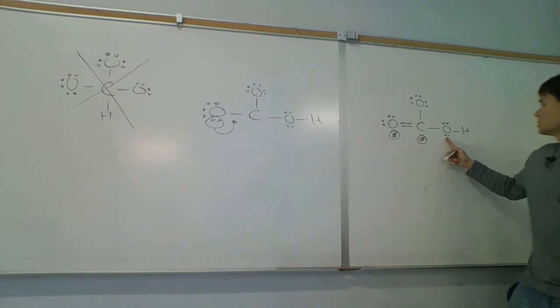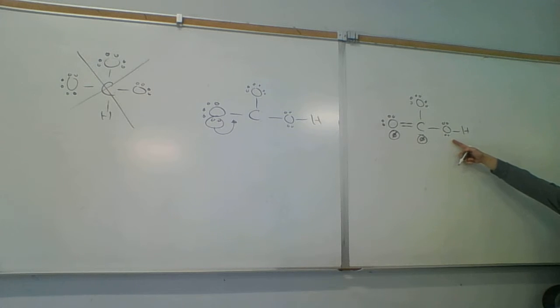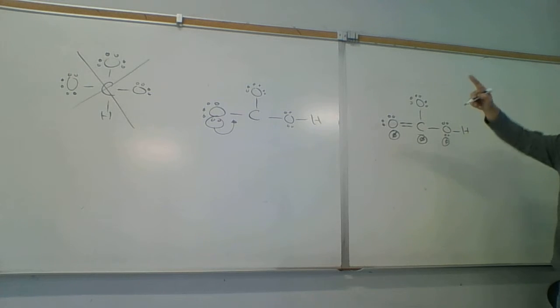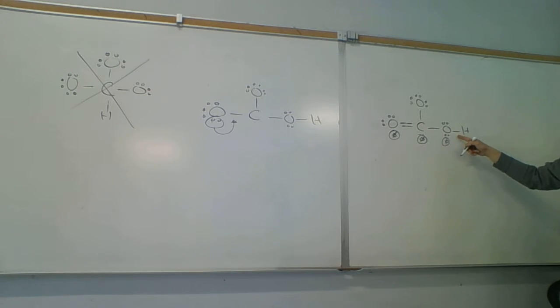Let's go to this oxygen over here. How many do you count for that oxygen? 6. And it contributed 6, so this oxygen broke even, it's 0. This hydrogen contributed 1. It ends up with how many? 1, so it broke even.